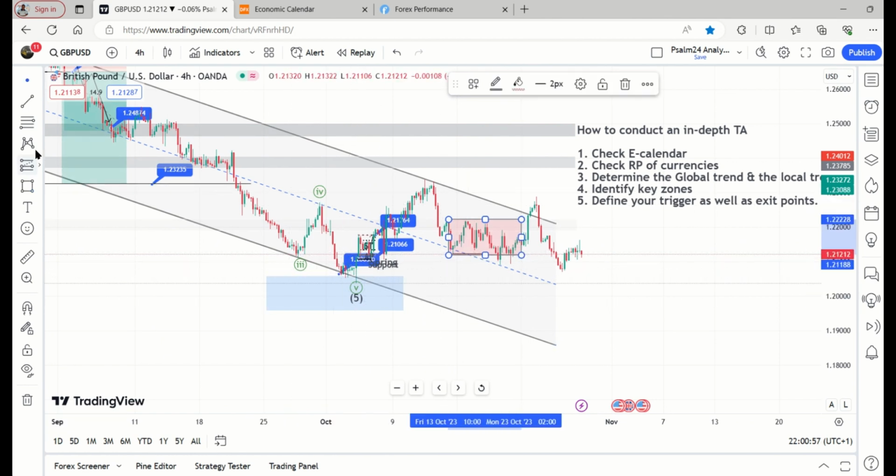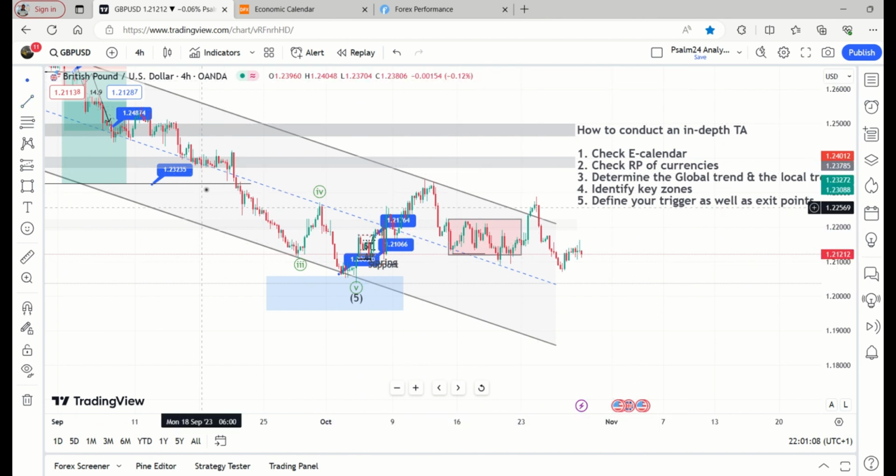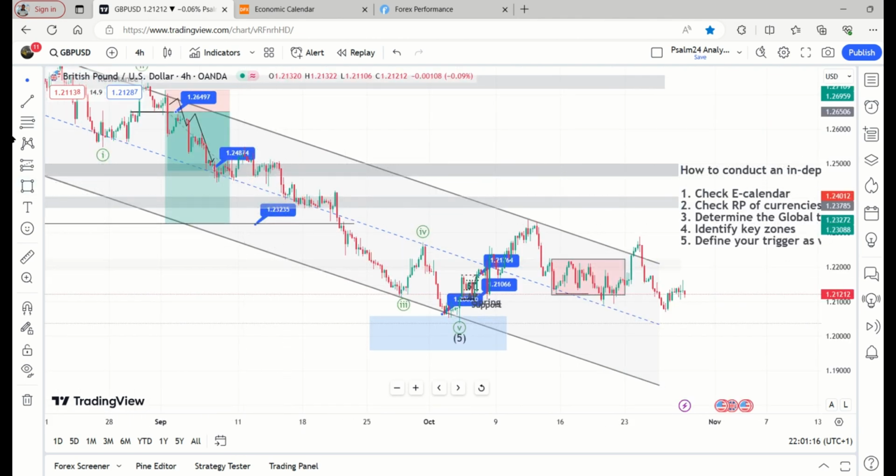But here you see that there is a rise in the local trend. If you look at this point, from here to here, the trend is what? Local trend is bearish. So this is where you would actually maximize a lot of profit, because your local trend is in harmony with the global trend.